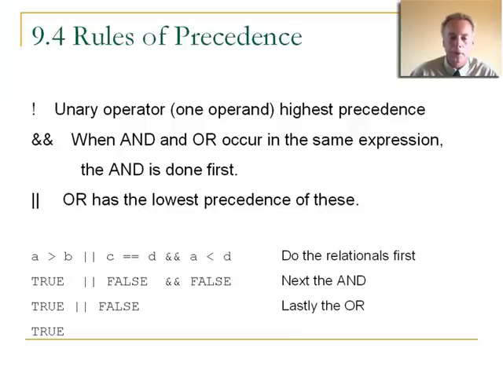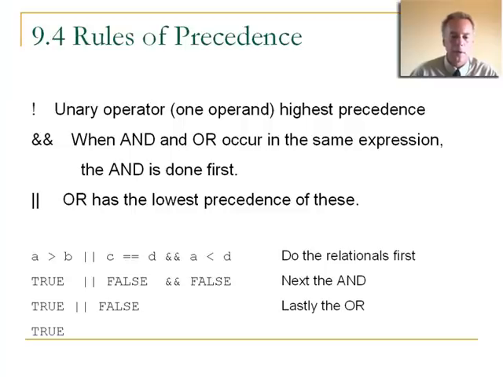So the rules of precedence in logic: the unary operator, which in our case here is the not operator, happens first. And then the and will happen before the or if they both appear in one expression. And this is a sticking point for a lot of people. And happens first before or.